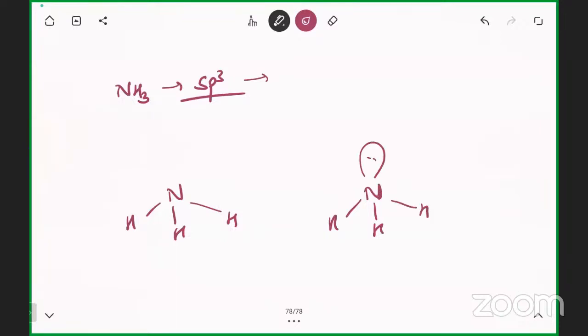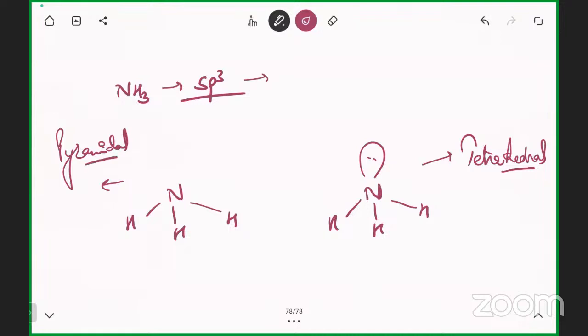If I'm considering the lone pair, then the geometry will be tetrahedral. Otherwise, if I'm not considering the lone pair, the shape will be pyramidal. So this is the effect of lone pair.